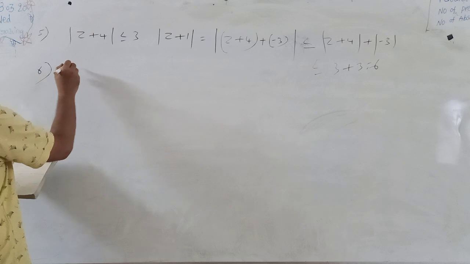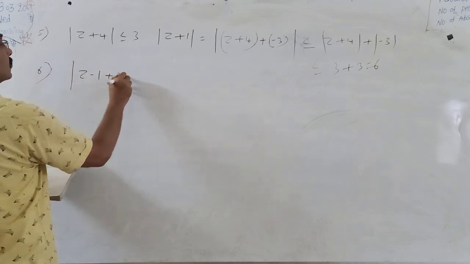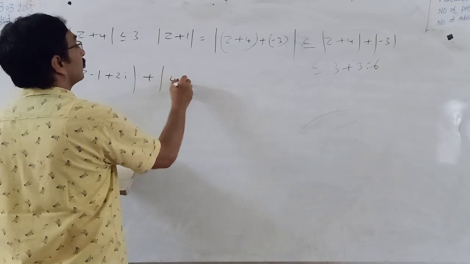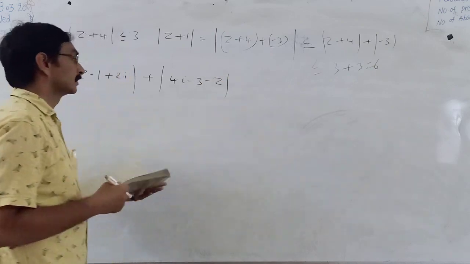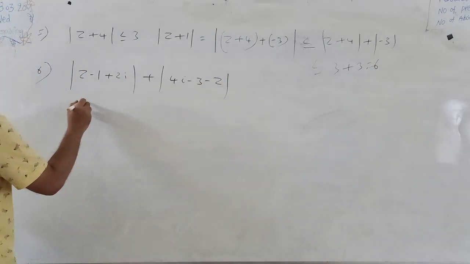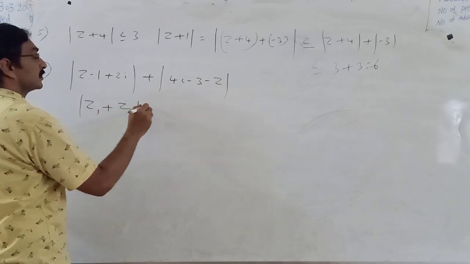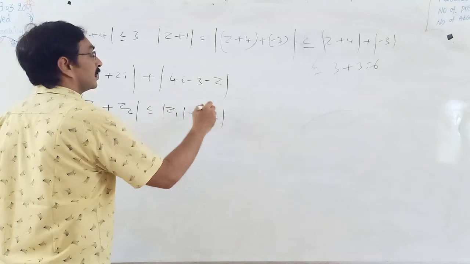Next problem. Minimum value of modulus of z minus 1 plus 2i plus modulus of 4i minus 3 minus z is. So we know the formula, modulus of z1 plus z2 is less than or equal to mod z1 plus mod z2.